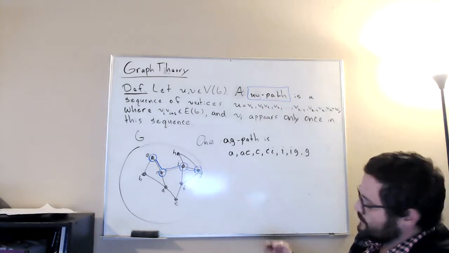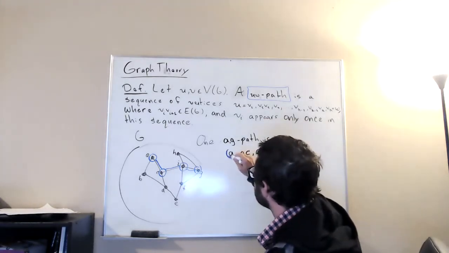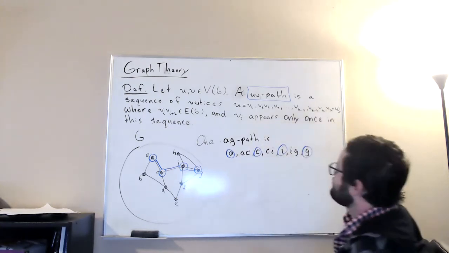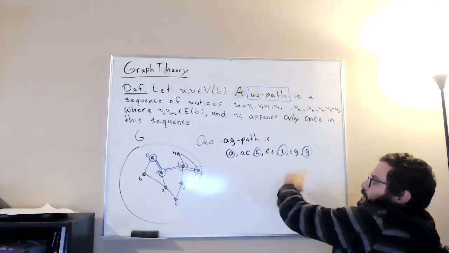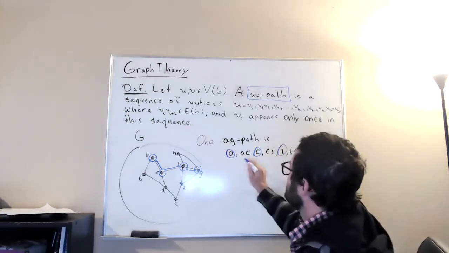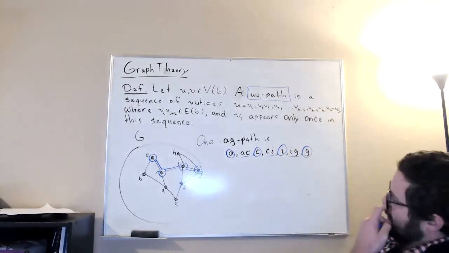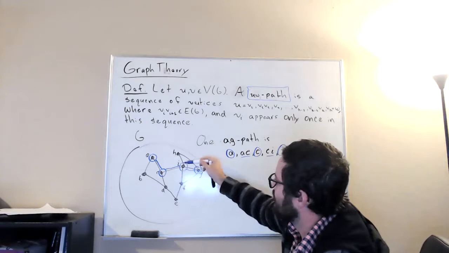Well, notice that the vertices in the path are A, C, I, and G. Each of those only appears once in this sequence, and the edges there exist in the graph, like AC, CI, IG.